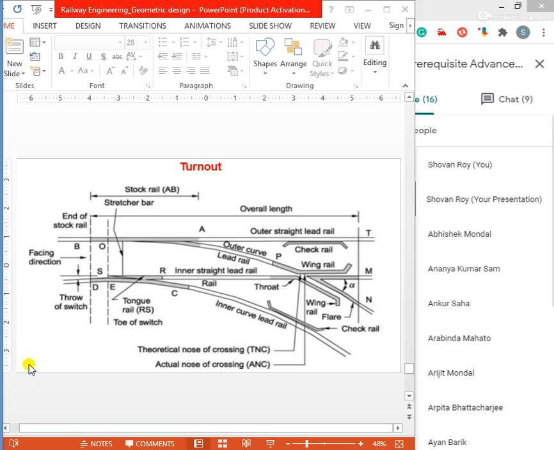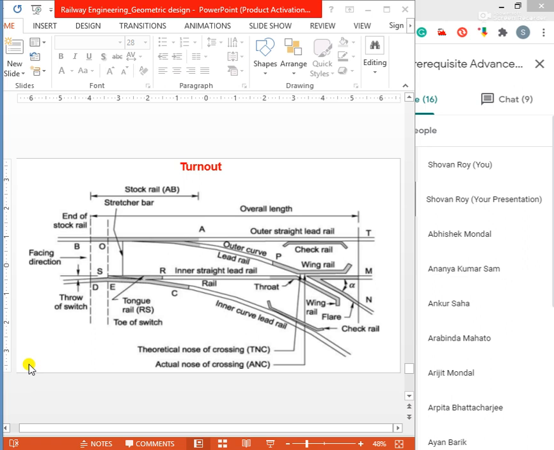In this figure we will get lots of terms directly involved with the turnout, the points and crossing. What are the points and crossing, and what is the turnout? It will be clear from the picture.